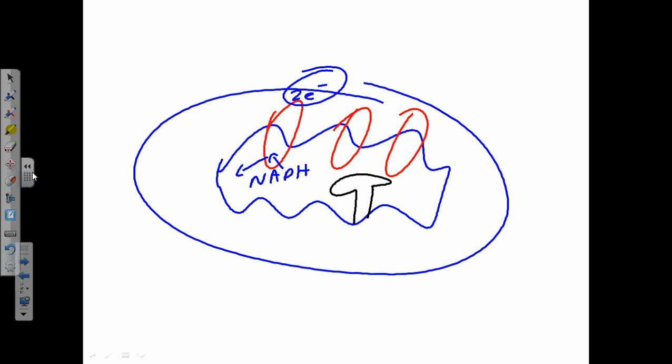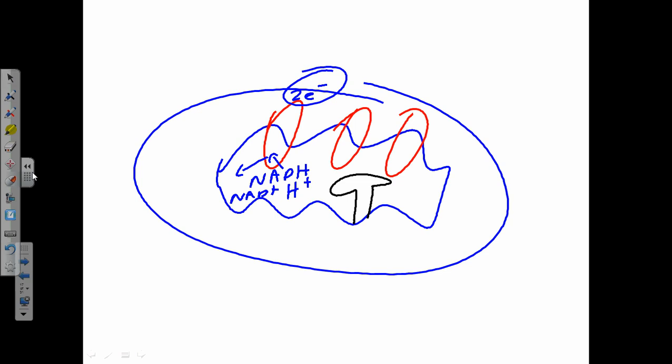What's left over from NADH after it gets electrons taken away from it? NAD plus and H plus, right? Well, the NAD plus, that's good because it's going to get reused again, right? To do more glycolysis, to do more Krebs cycle. That's a good thing. And then the H plus is contributing to what? Building up the proton gradient, which we're going to need to do to make ATP.